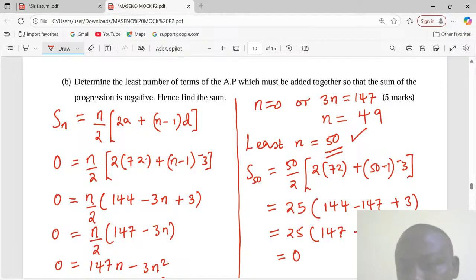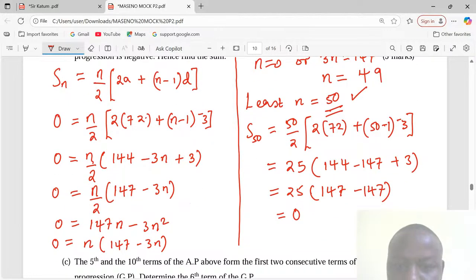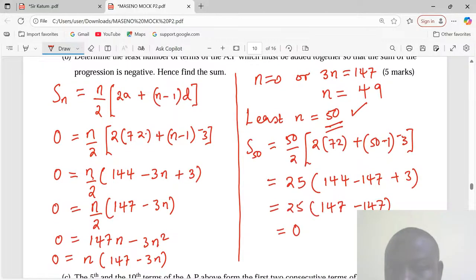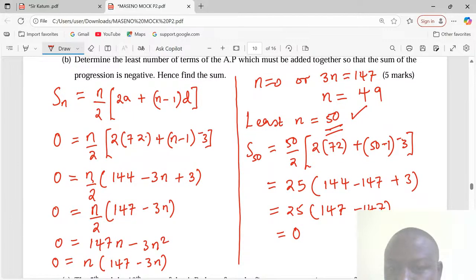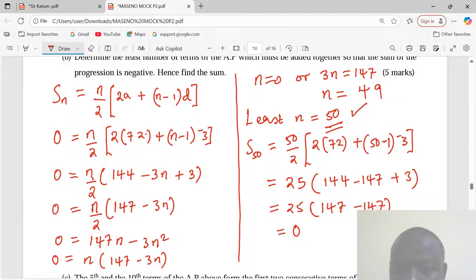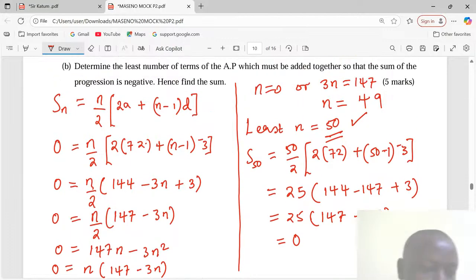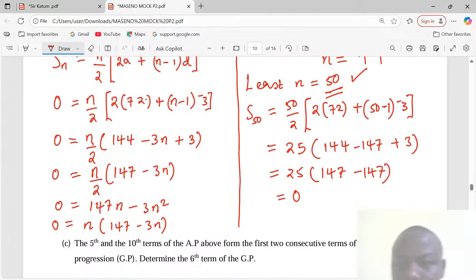Because from our working there, we got 49, meaning that 49 would have given a sum of 0. So does it mean once again 50 will also give 0? Does it mean 50 would still give 0?